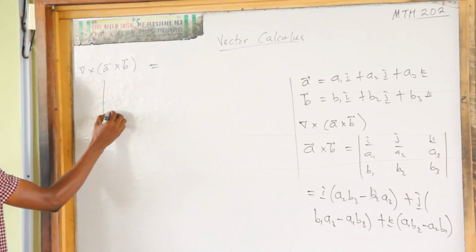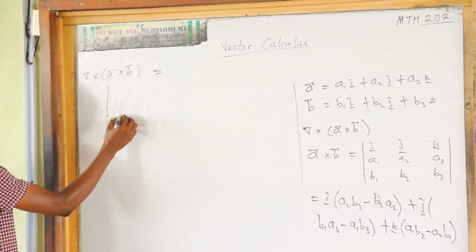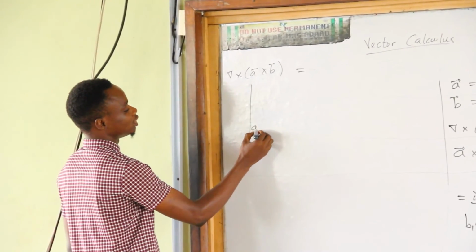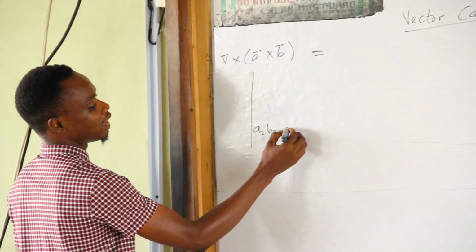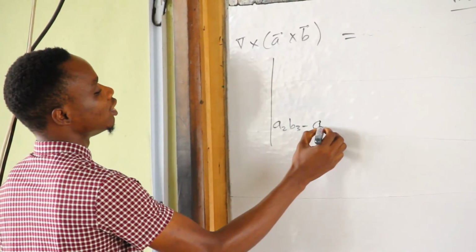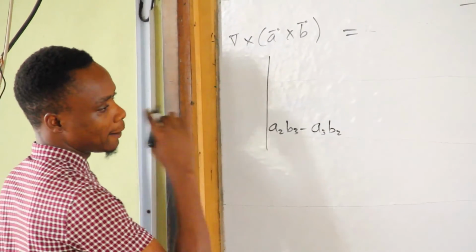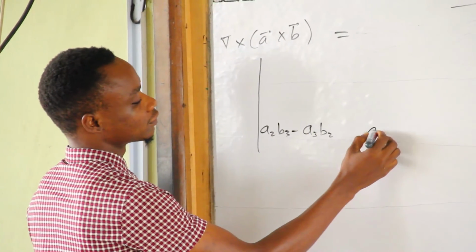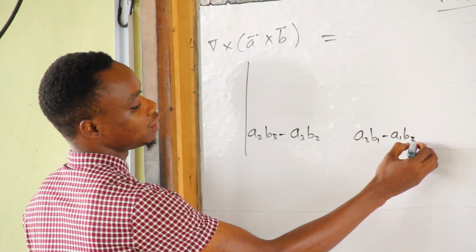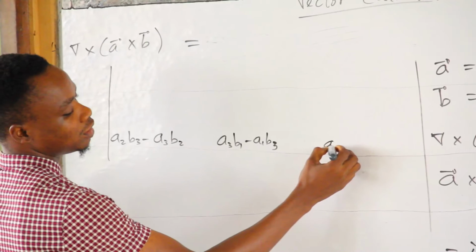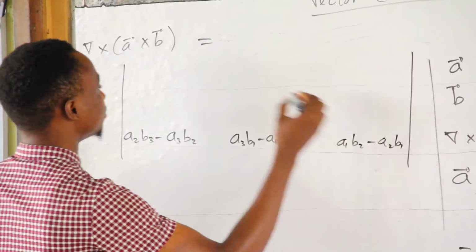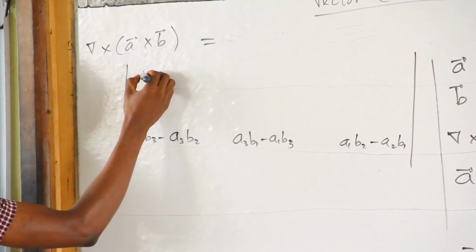We have A2 B3 minus A3 B2, minus A1 B3 minus A3 B1, and the last one A1 B2 minus A2 B1. We have this i, j, k.